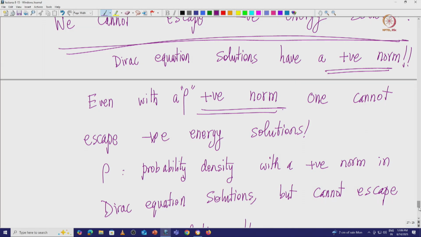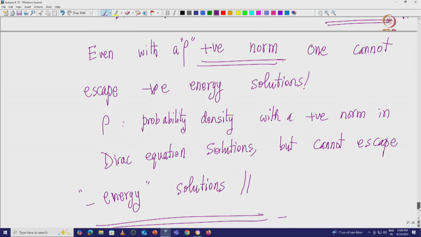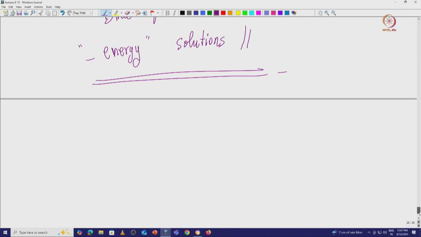I did not explain how to calculate that norm, but I said it always has a positive norm. But even with a positive norm you cannot escape negative energy solutions.